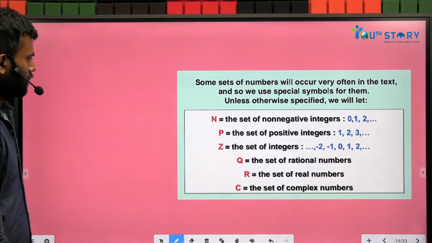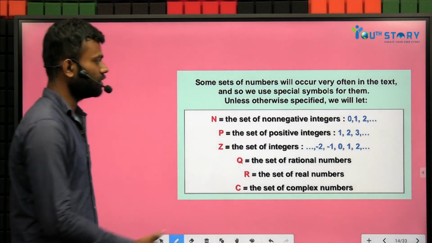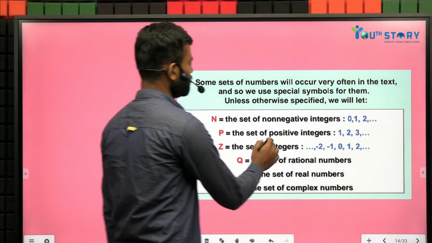Now we define natural numbers from 0, 1, 2, and so on, and positive integers.